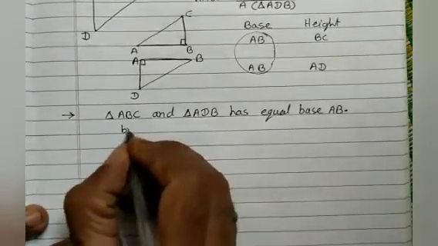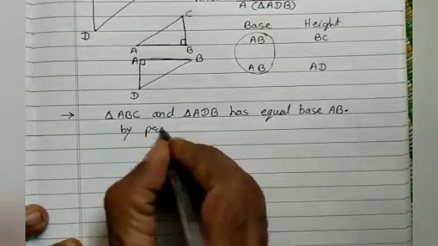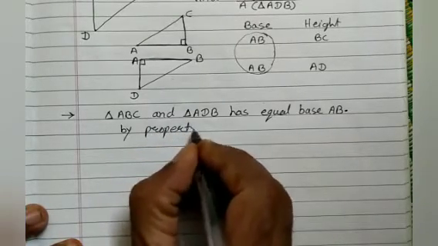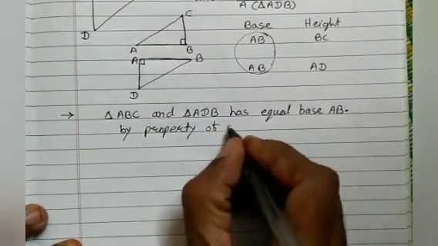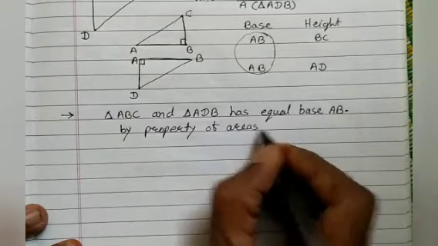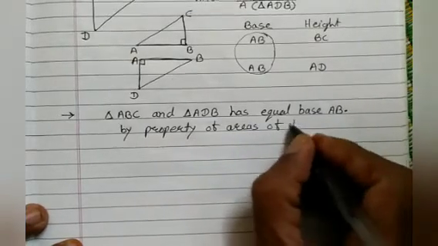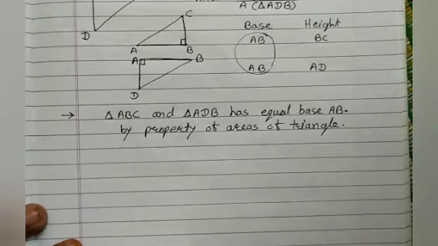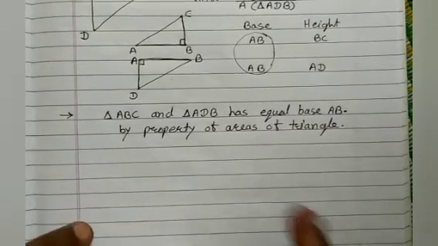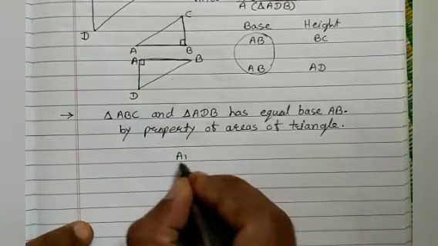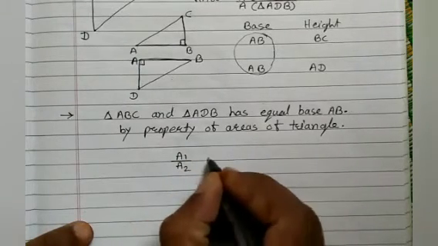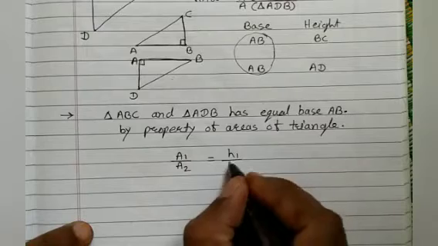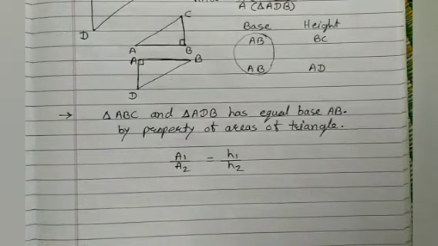what is the property? By the property of areas of triangles with equal base: if the bases are equal, the ratio of areas is equal to the ratio of heights.